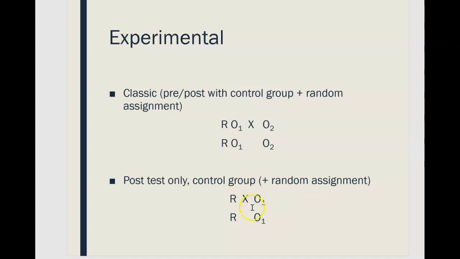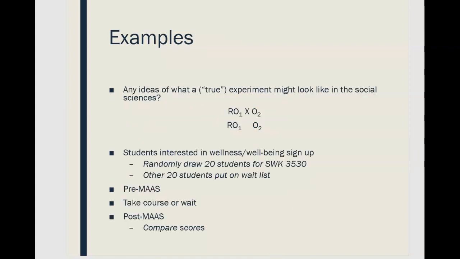We only have one observation point, but we're still hoping that we can say something at the end of the day, because that random assignment gives us a lot more space to say there wasn't a reason somebody chose to be here or what brought them here, which we'll get into in a second in quasi-experimental. This would be maybe not quite the gold standard that we were talking about up here, but a nice way to have an experimental design.